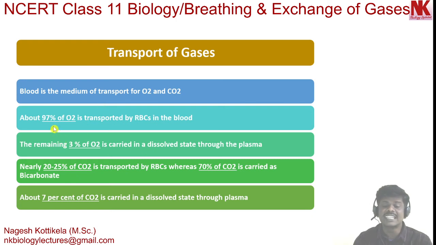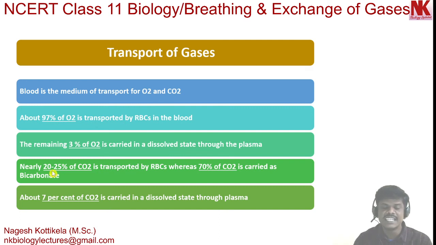About 97% of oxygen is transported by RBCs in the blood, and the remaining 3% of oxygen is carried in a dissolved state through the plasma. So 97% of oxygen transported by RBCs, 3% of oxygen is carried in a dissolved state through plasma.